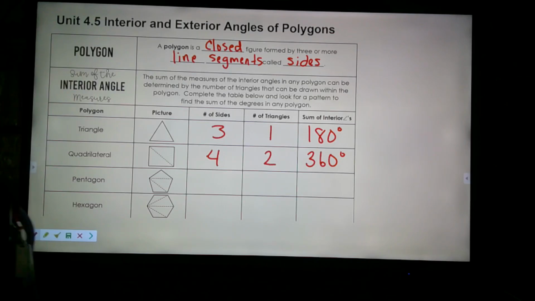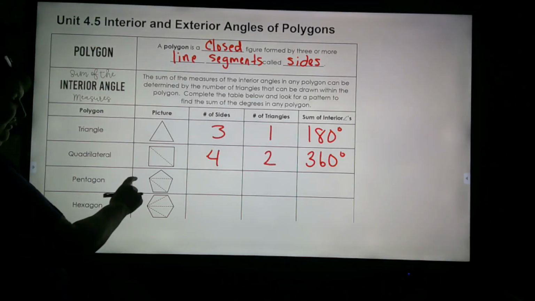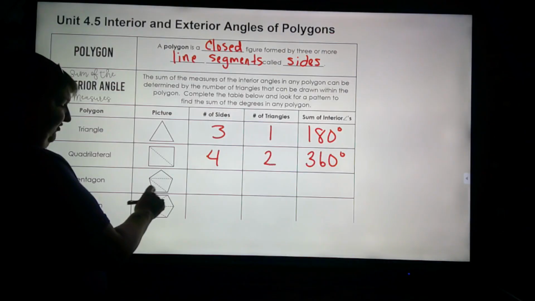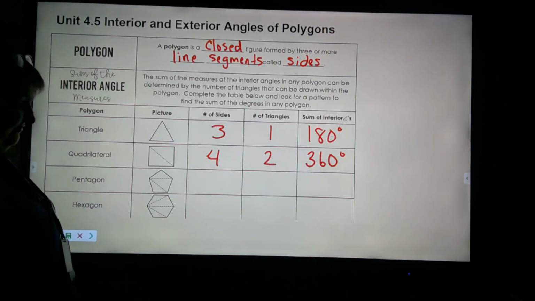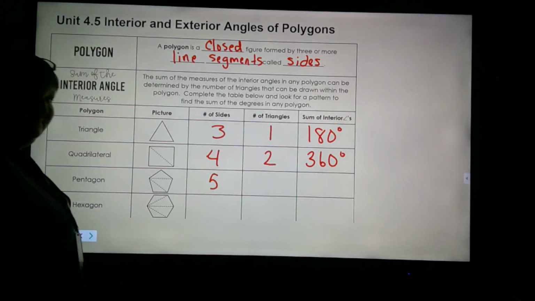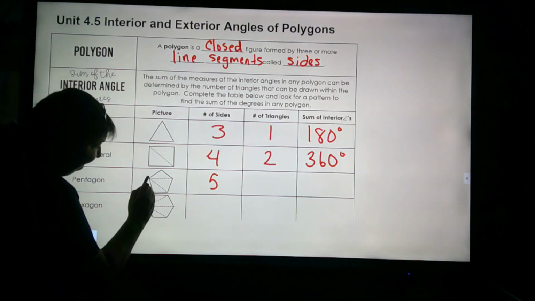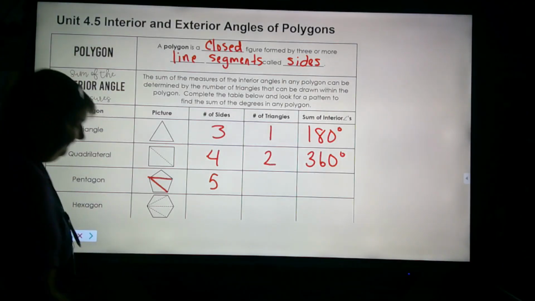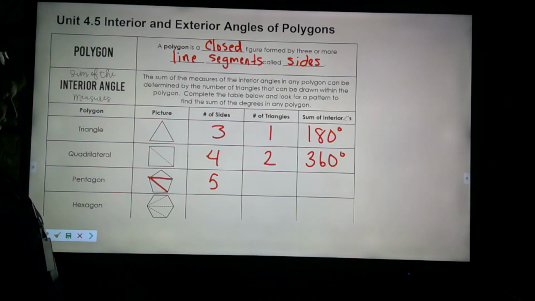All right, a pentagon is 5 sides, 1, 2, 3, 4, 5. 5 sides. And you can make 3 triangles inside of a pentagon.